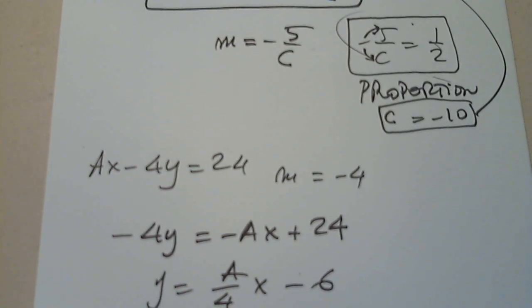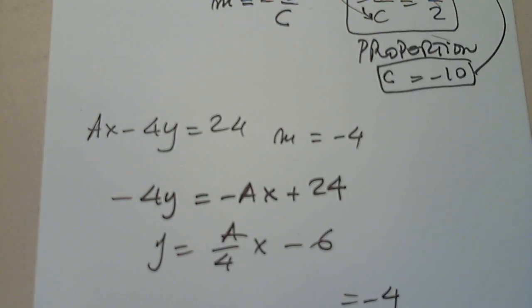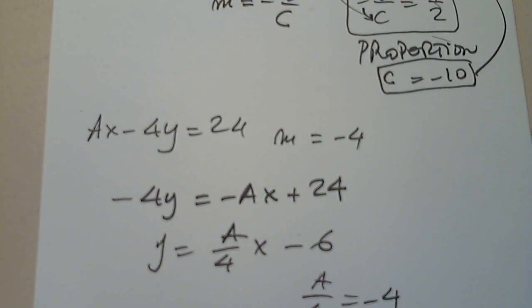Does everyone agree with this step? Okay, so now what will I set equal to negative 4? What is the slope of this line? Can anyone identify the slope of this line that we need to set equal to negative 4? So a over 4.